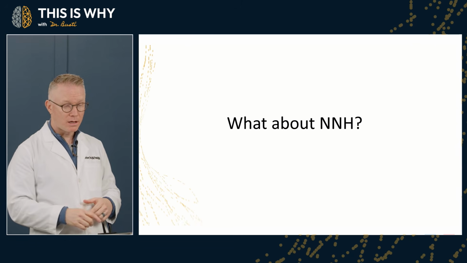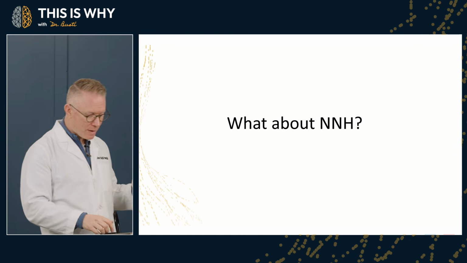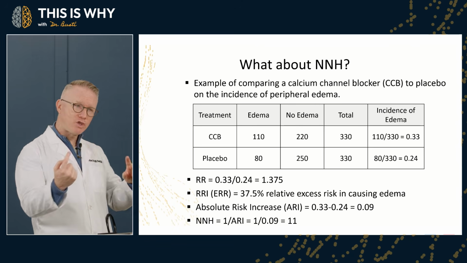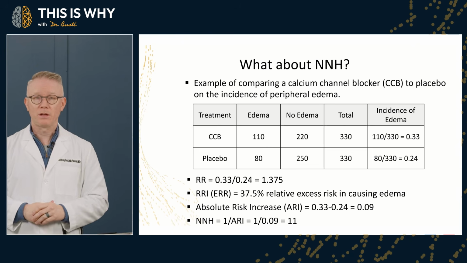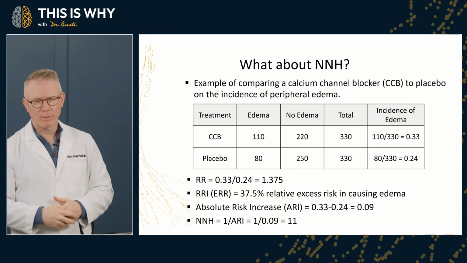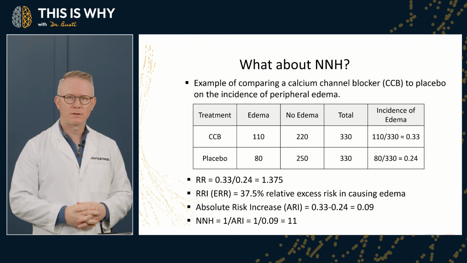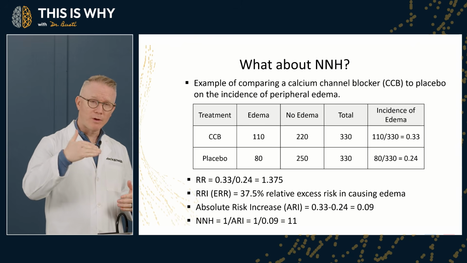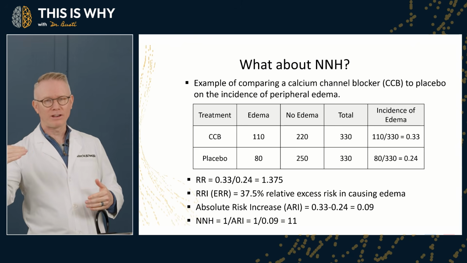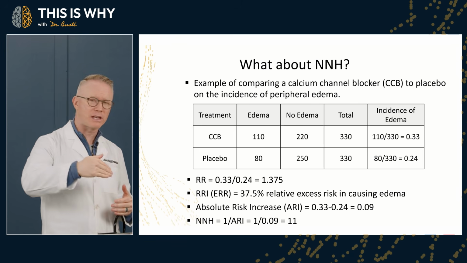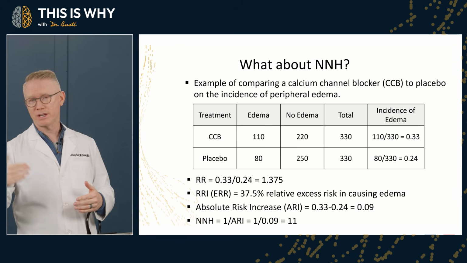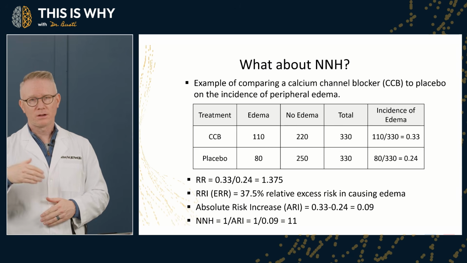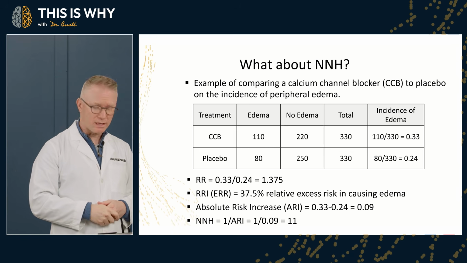What about that number needed to harm? Well, let's go back to our calcium channel blocker discussion. Remember, they developed edema. Usually that's not good, right? So there was a relative risk increase, or an excess relative risk, of 37.5% in causing edema by using a calcium channel blocker.